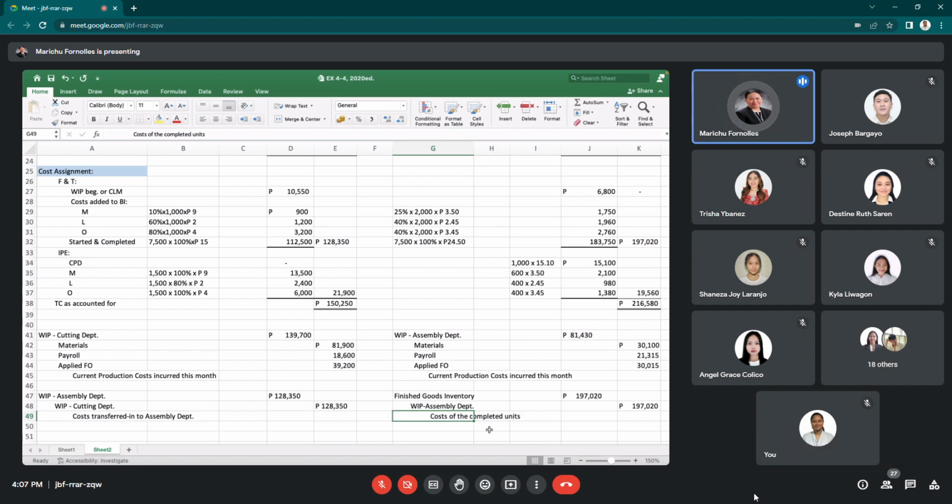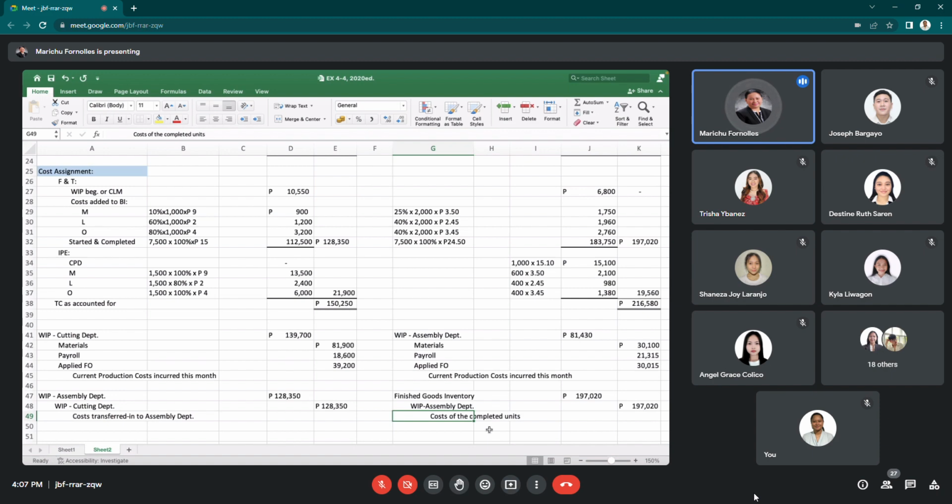The problem becomes complicated if there are production losses involved. So for now, we prepared the cost of production report without any production losses yet, without any spoilage or defective units yet.